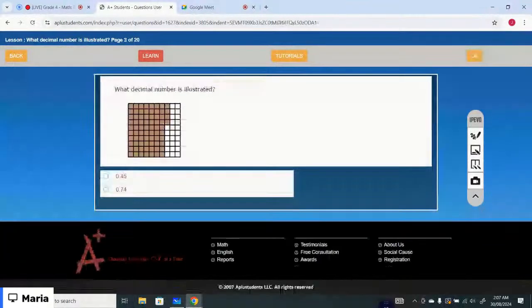What decimal number is illustrated? Which is the correct option? That is 0.74. Option number 2 is the correct option.